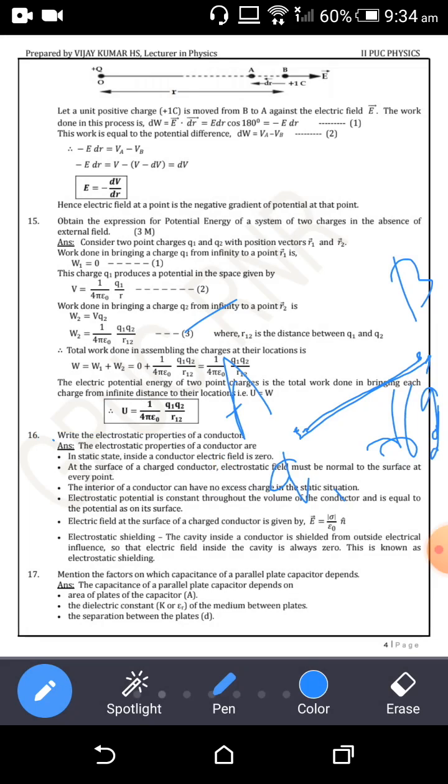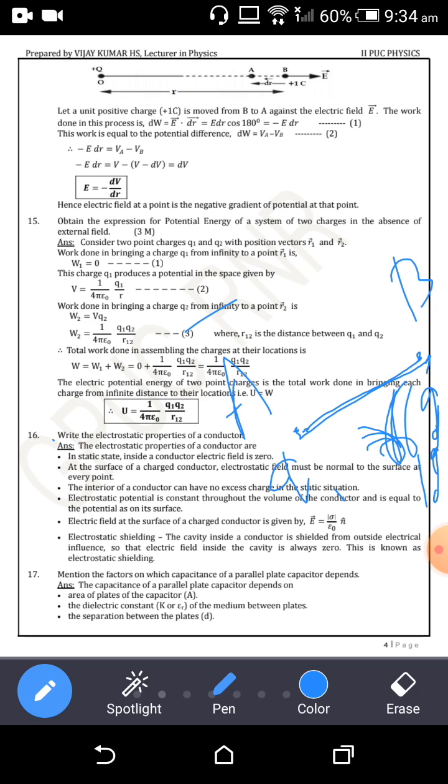If you substitute the value of V, that comes out to be W2 is equal to 1 by 4 pi epsilon naught into q1 q2 divided by r12, where r12 is the distance between q1 and q2. This r we have taken, you can consider as r12, the distance between A and B. So equation 3 comes out as W2 is equal to 1 by 4 pi epsilon naught into q1 q2 divided by r12.